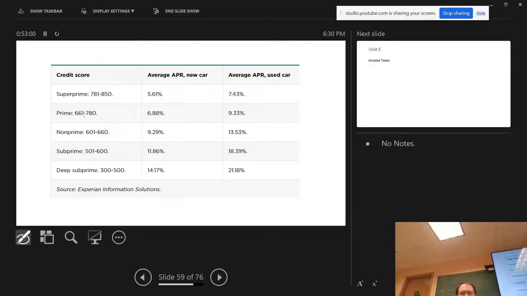So 661 to 780. This is for buying a car. 6.88% interest on a new car, 9.33 on a used. If you can get your score to 781, notice how much of a difference it is. Or say stuff happened in your life and you have a credit score that's seen better days.